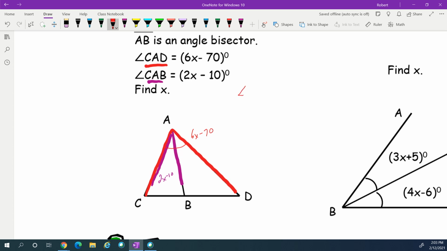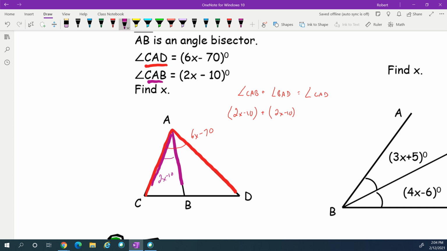We know since the beginning of the year, CAB plus BAD equals CAD. Well, angle CAB is given to us, 2x minus 10. We're going to double that because these two little angles are congruent.